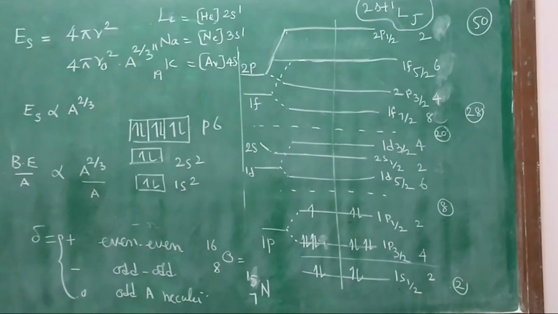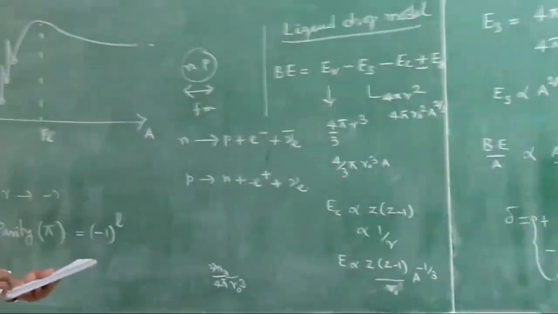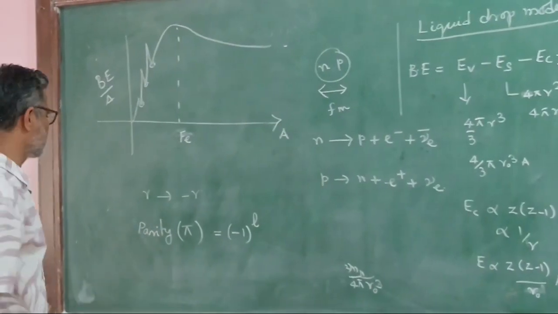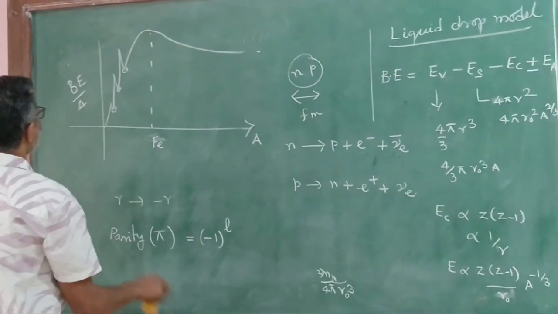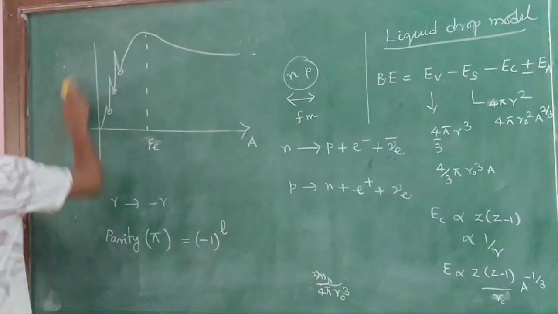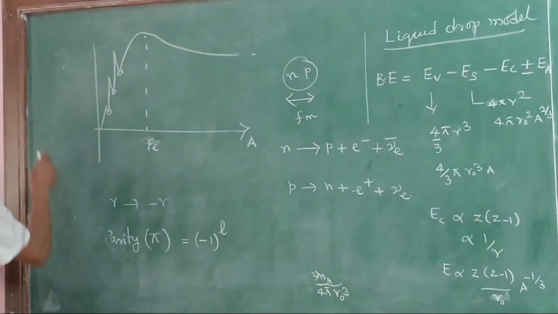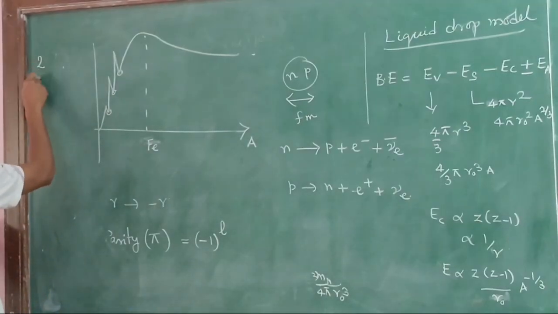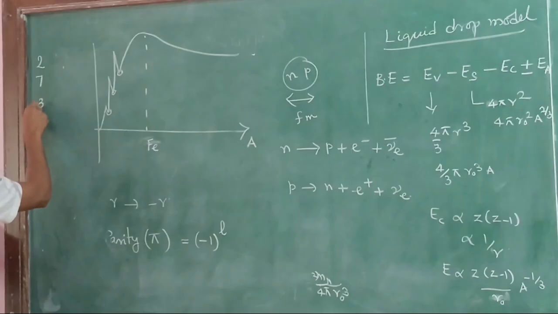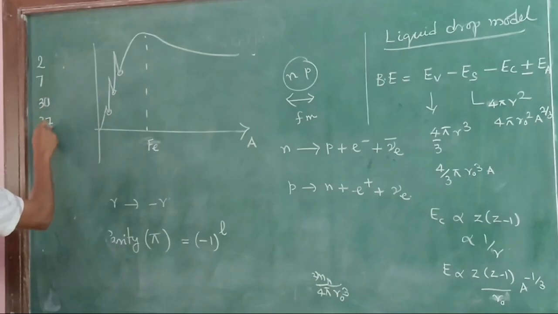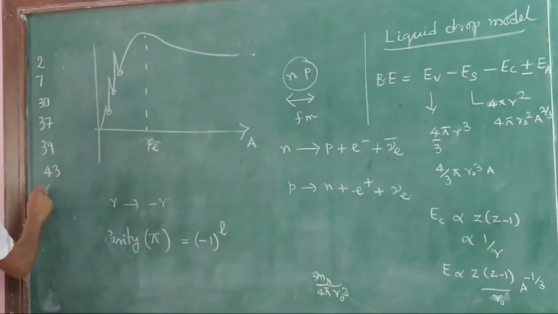We have only 7 problems for spin and parity, and I will list them. Problem numbers 2, 7, 30, 37, 39, 43, 44.